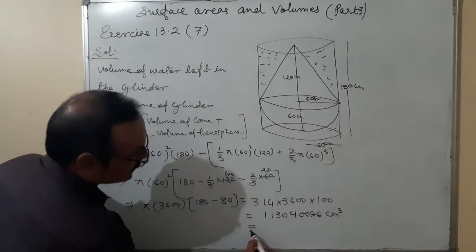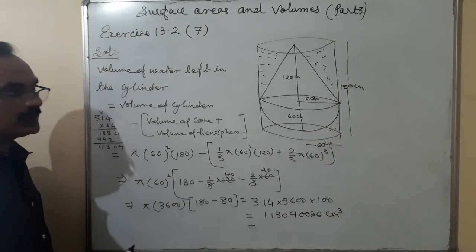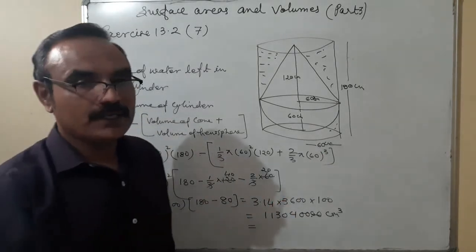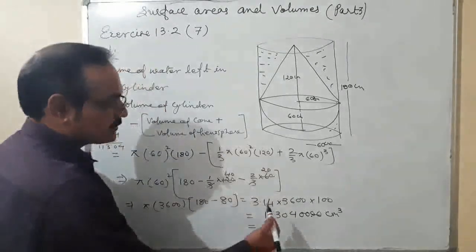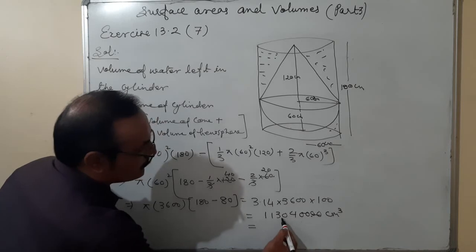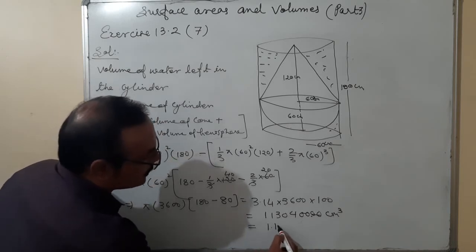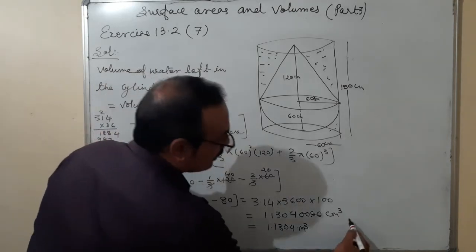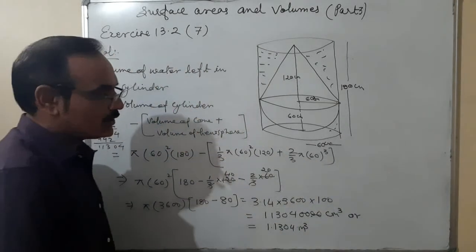and this centimeter cube we want to convert into the form of meter cube, because it's a very big quantity, and you know that 1 meter is equal to 100 centimeter. So that means this decimal will be shifted 1 2 3 4 5 6, 1.1304 meter cube, or in the form of liter we want to convert.